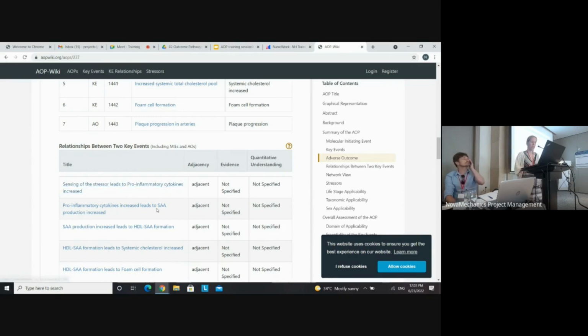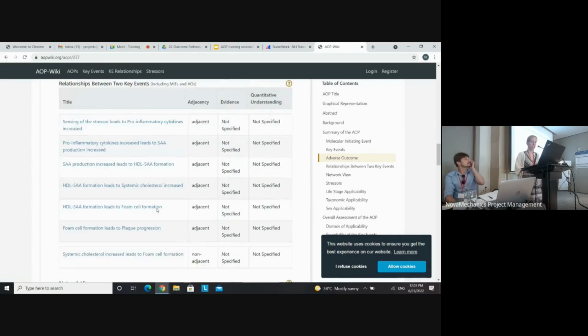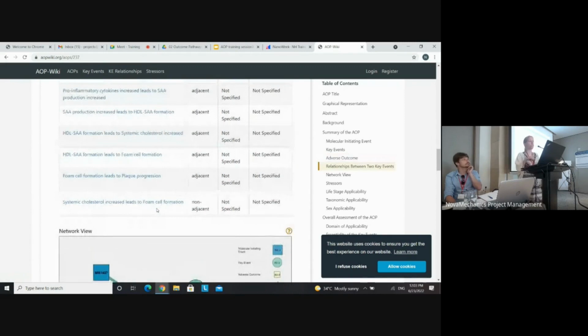The key event relationships are also listed, and all these you have to fill in when you construct the AOP. So when you construct this, did you look at key events that are already in the AOP wiki and whether they suit your purpose? Because I saw you made your own, right? Yes, I did, of course I looked, because that's a very key thing.